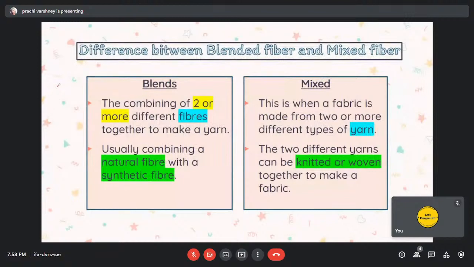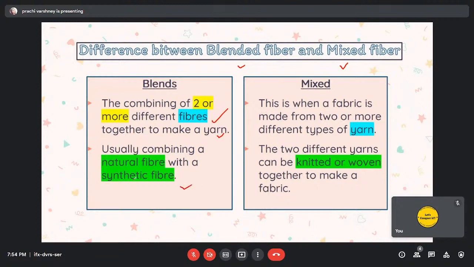I told you previously the classification of fibers like natural and synthetic. But now I will tell you what is the difference between blended fiber and mixed fiber. This is quite different from the previous one. We have seen that there are different kinds of blended fibers. So what is the difference between blended and mixed fiber? A blended fiber is the combining of two or more different fibers. Here we are mixing different kinds of fibers to make yarn, usually combining a natural fiber with a synthetic fiber.